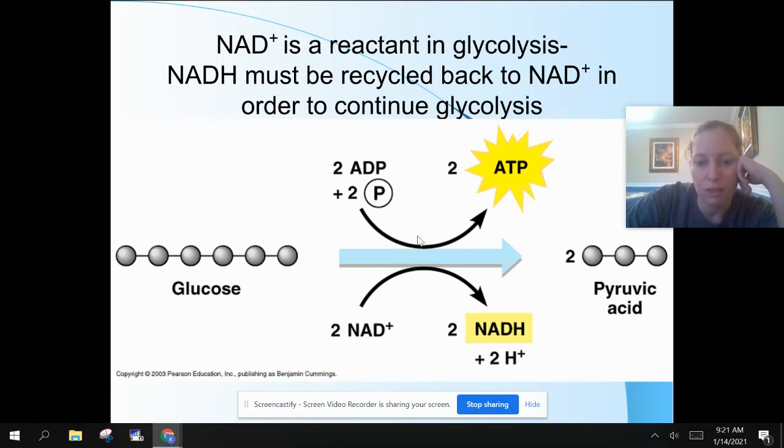So in order to continue doing glycolysis, we have to have all of these reactants, which means we have to have a source of NAD plus. If we don't have oxygen and we do glycolysis, if we run out of NAD plus, we're no longer going to be able to do glycolysis anymore.